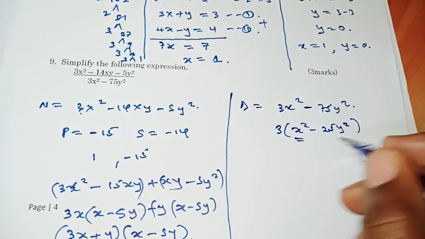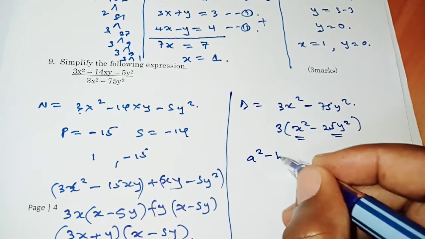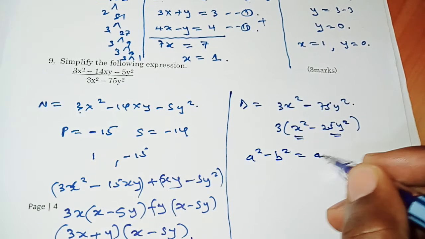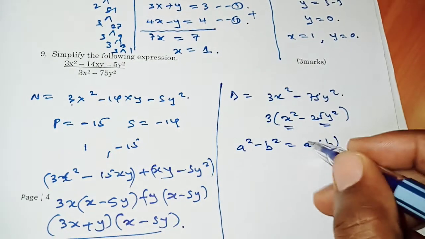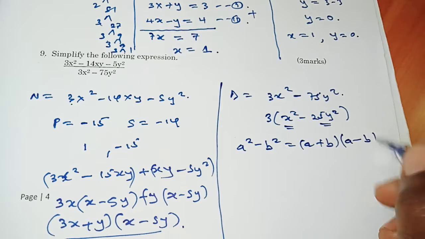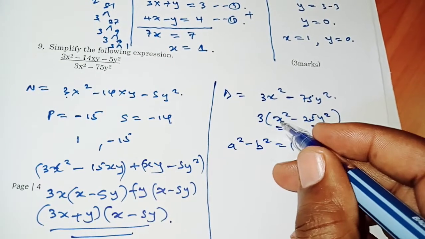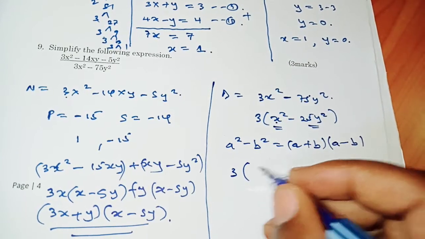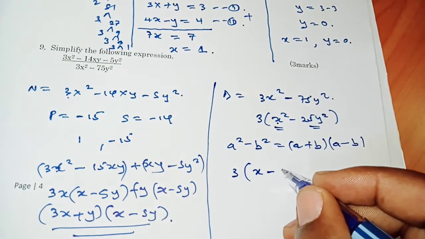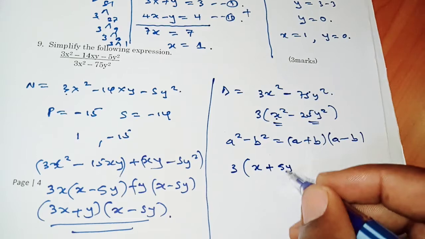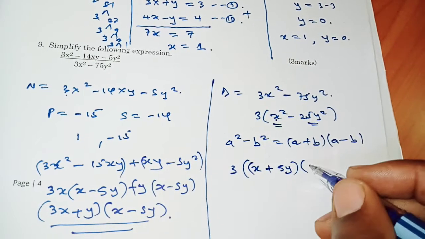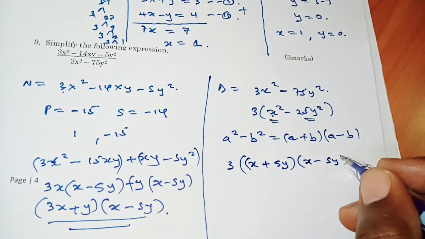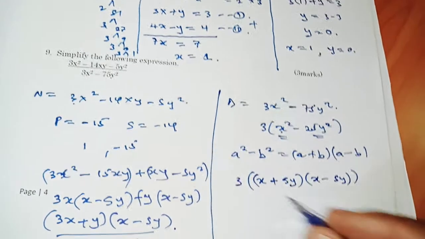And since these match this form, a difference of squares, we can factor them by taking the square root of the first one and the second one. So 3 into x minus, okay, we can start with x plus 5y, then x minus 5y. So this is what forms the denominator.